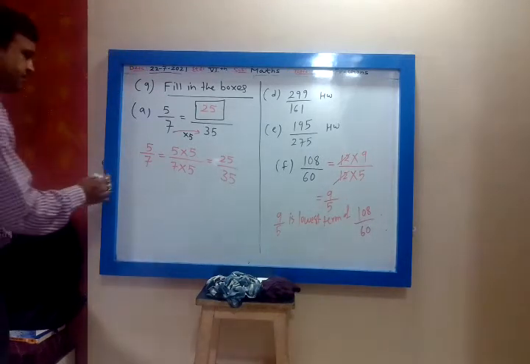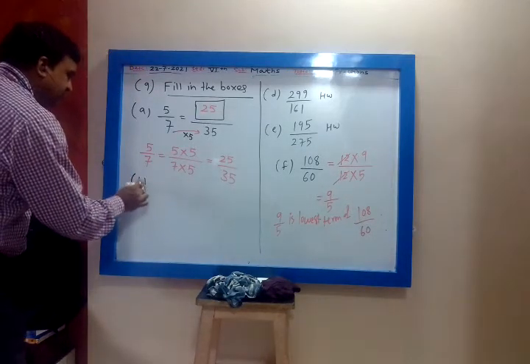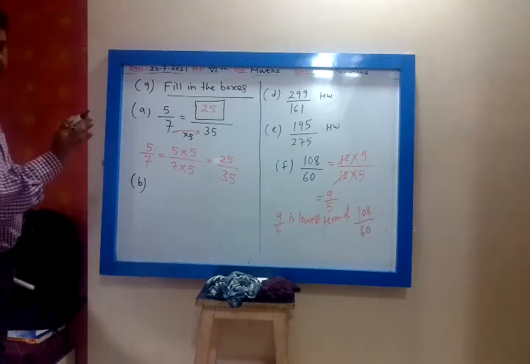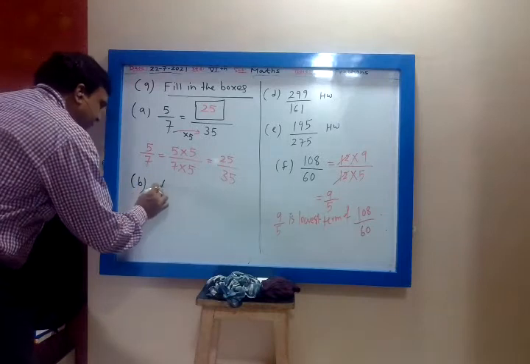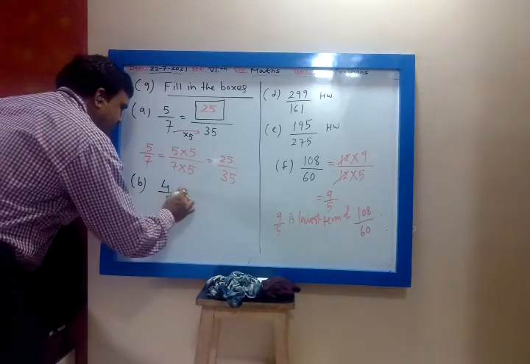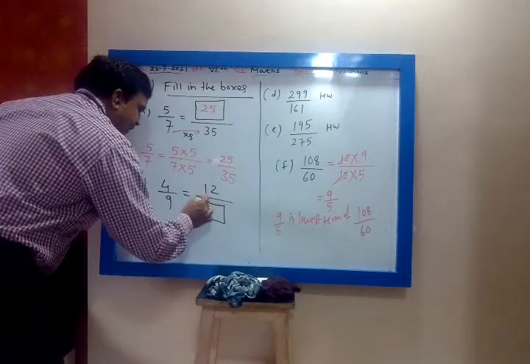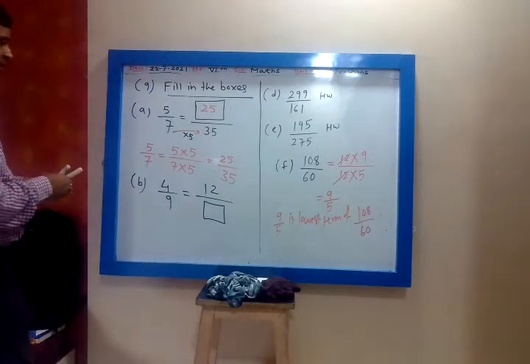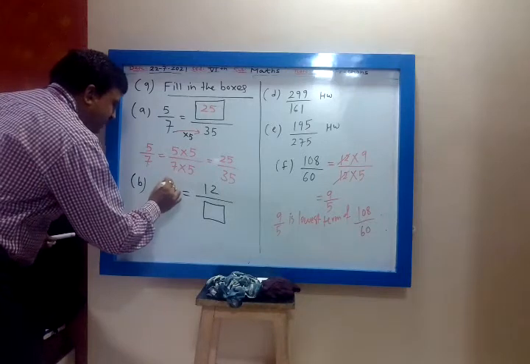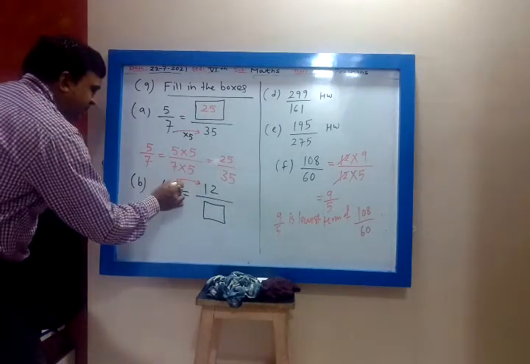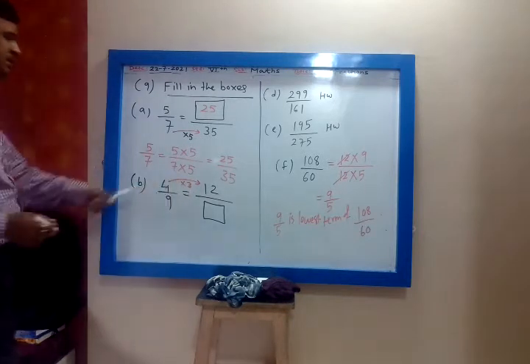Then B, 4 upon 9 is equal to 12 upon box. Now the denominator is not given. We are given the numerator. 4 becomes 12 when you multiply by 3.